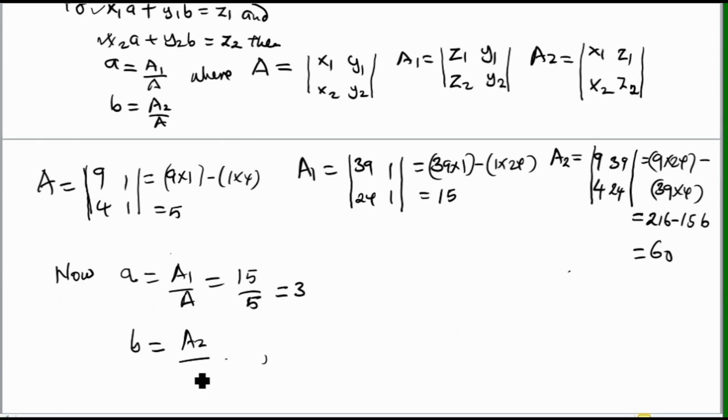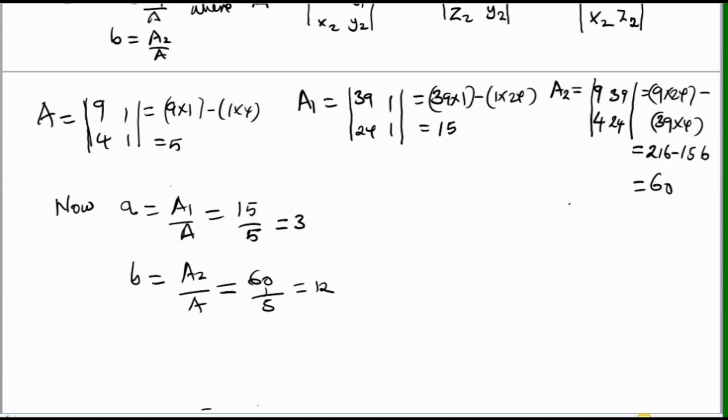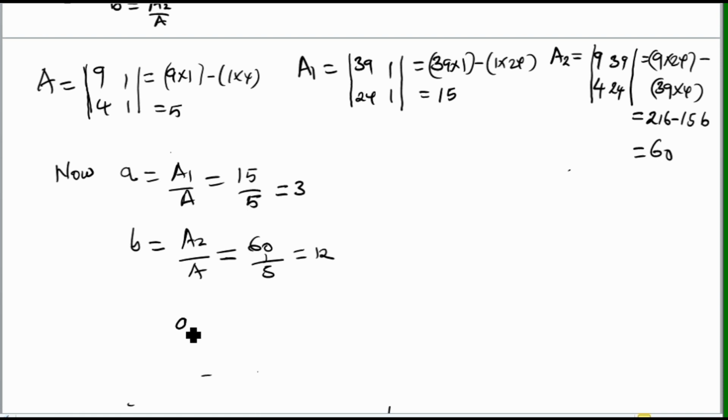And the value of B equals A2 over A, which equals 60 divided by 5, and that is 12. So A is 3 and B is 12. This is how you go about solving such kind of a problem.